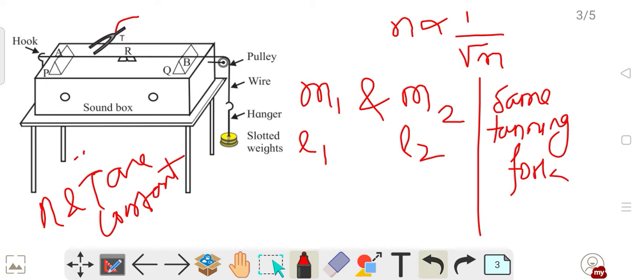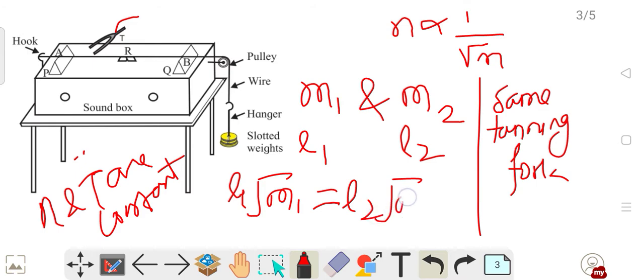When they kept the frequency of vibration of the two wires constant and the applied tension constant, they found that L1 times root M1 was equal to L2 times root M2.